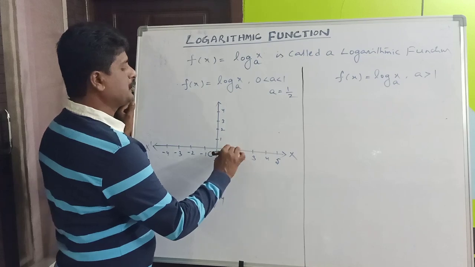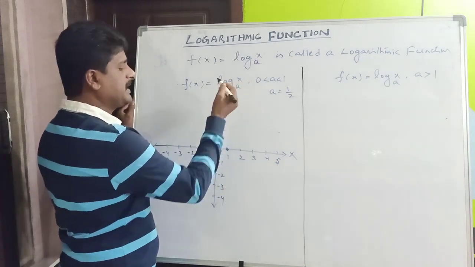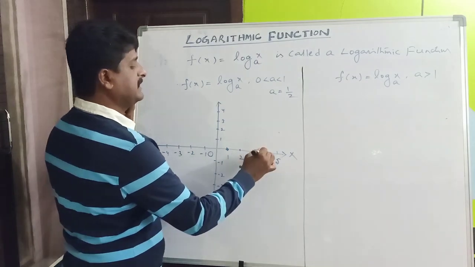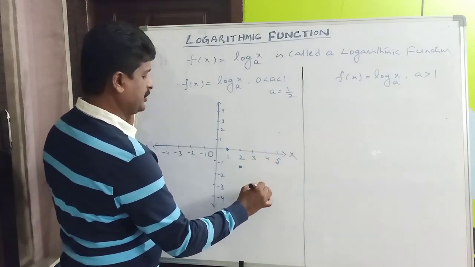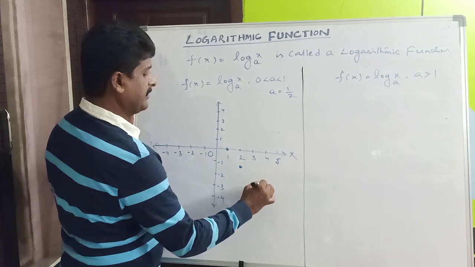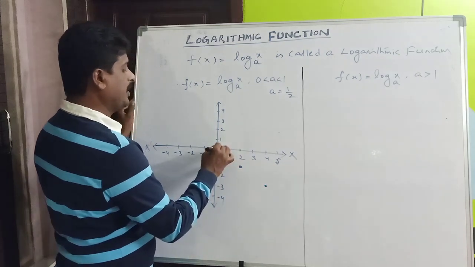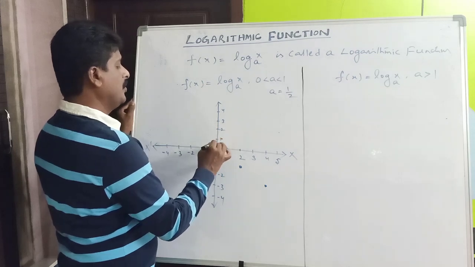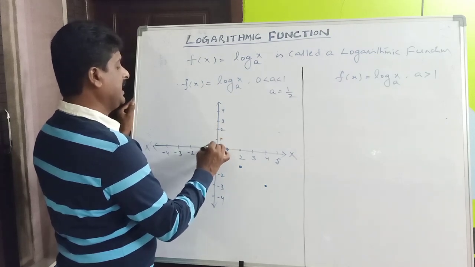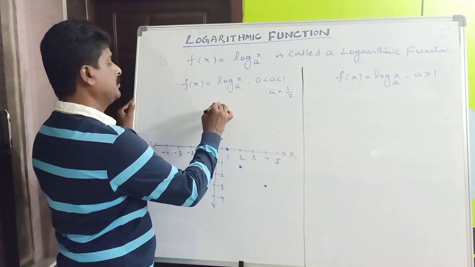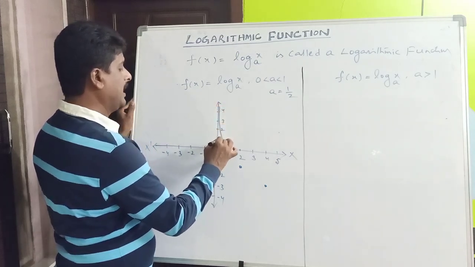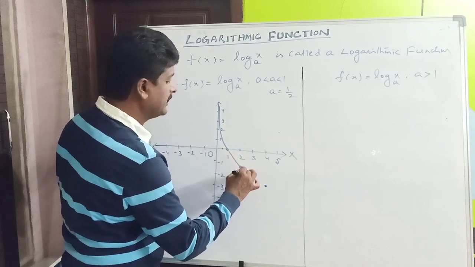Put x is equal to 2, it becomes log 2 base 1/2, which is -1. Somewhere here. Put x is equal to 4, it is -2. Somewhere here. Put x is equal to 1/2, it is 1. 1/4, it is 2. 1/8, it is 3. So, this will be the graph of a logarithmic function in this case.